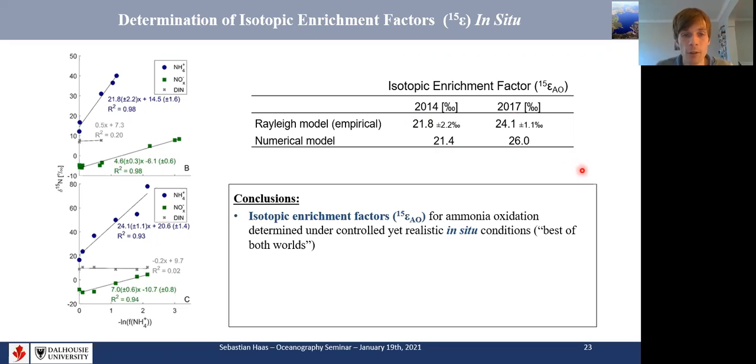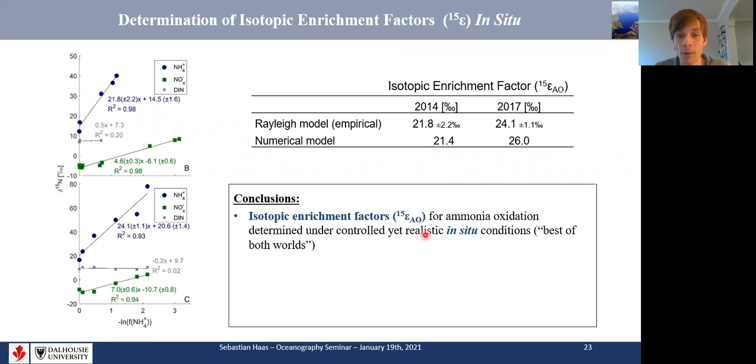And so the conclusion from this study is that we got these isotopic enrichment factors for ammonia oxidation under controlled yet realistic in situ conditions, which I like to call best of both worlds, because usually these enrichment factors are determined in the lab on enrichment cultures of nitrifiers or even pure cultures.